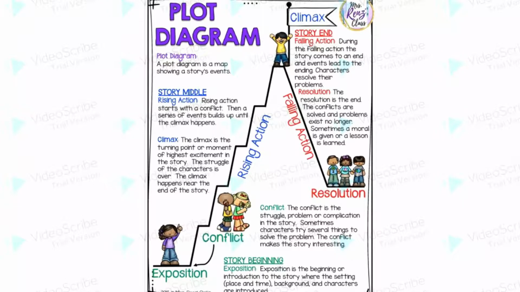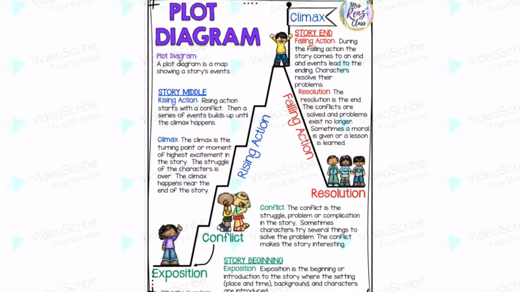Which kind of information should we have in the exposition of a narrative? The author or the writer should give us background information about the story, the general atmosphere of the story. The author also should introduce the characters, the people in the story, to us. Another thing that should be included in the exposition, which is the beginning of the story, is the setting.